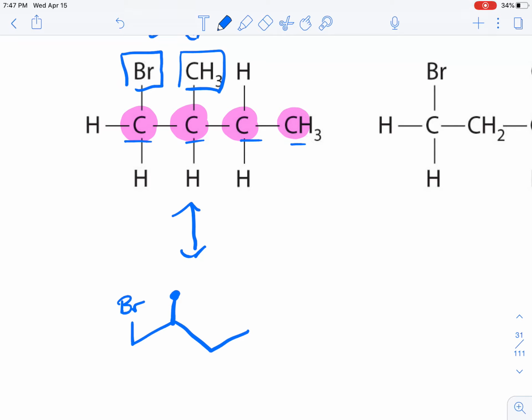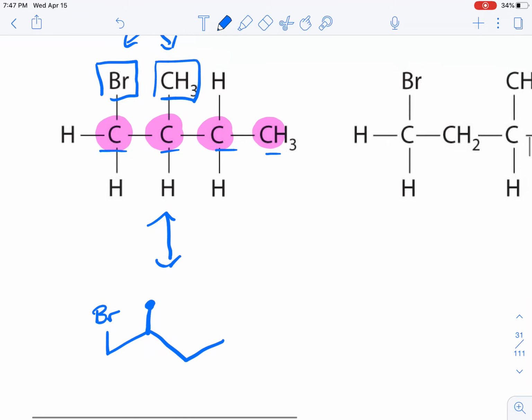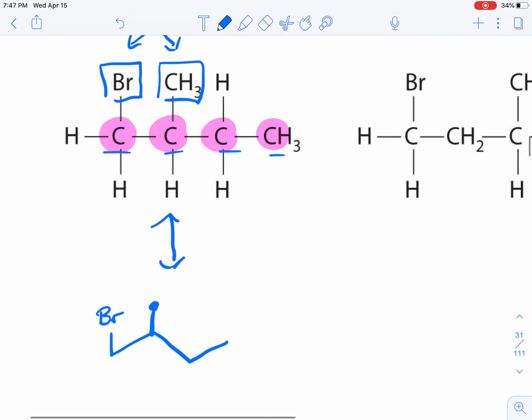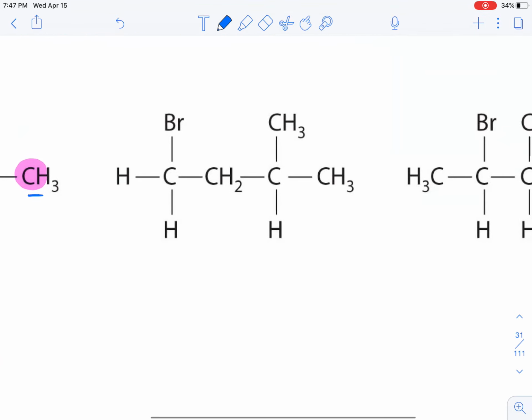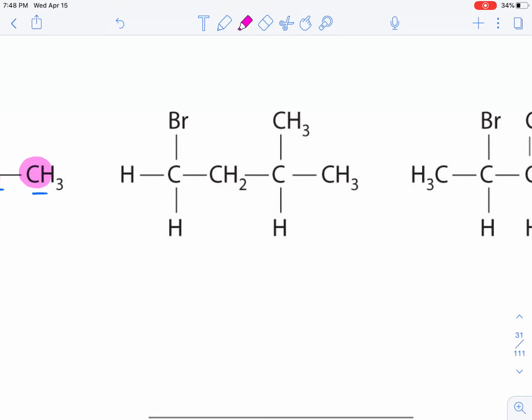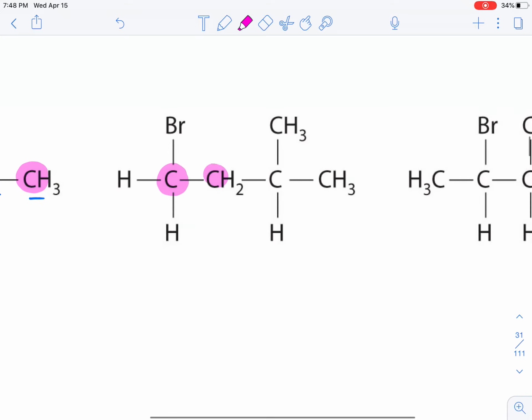Drawing the skeletal structure of this compound actually helps us see what our substituents are. Once again, these two will act as our substituents. If you look at this molecule, we have 1, 2, 3, 4 carbons connected to each other.